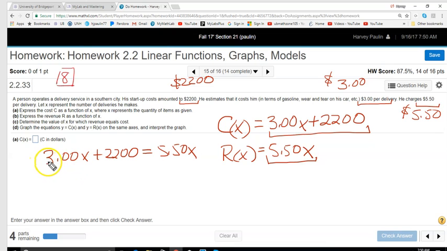So we subtract 3x from both sides, and on this side we get 2.50x equals 2,200.